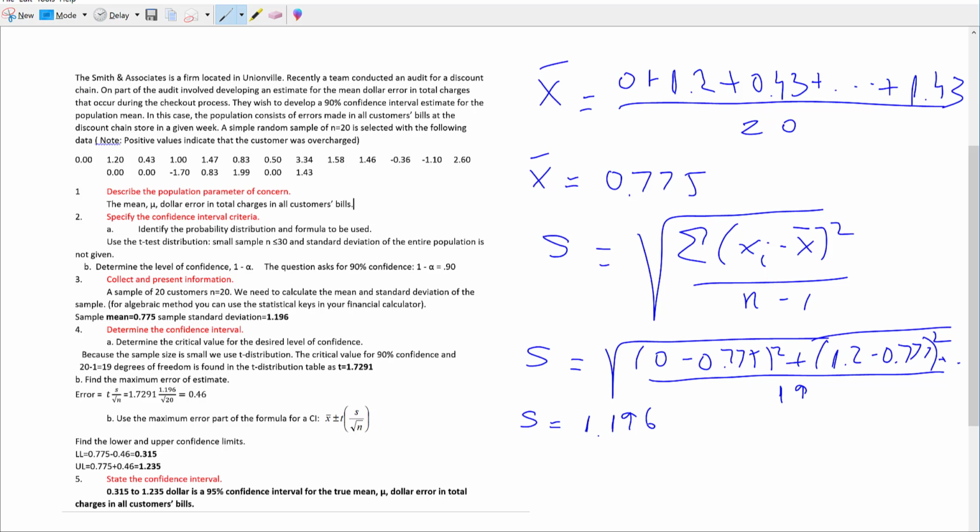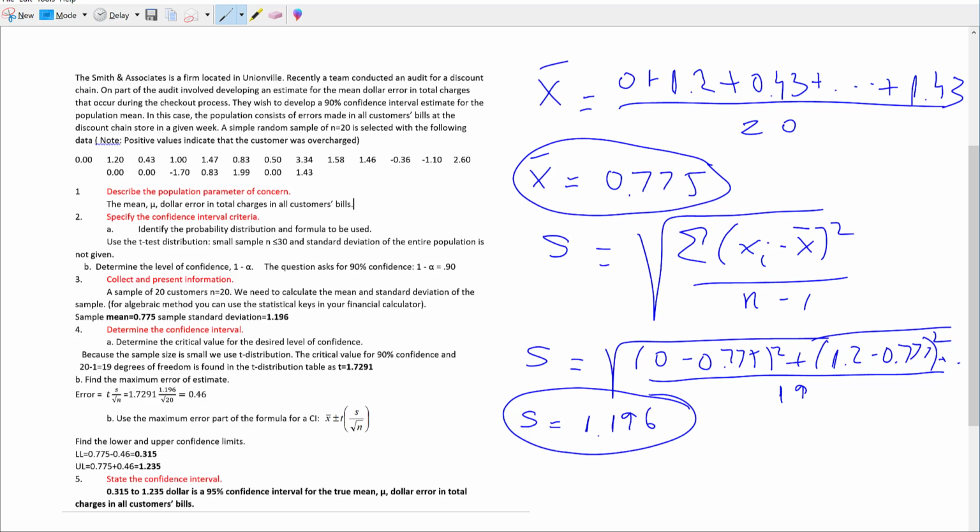So right now we have the entire information regarding our sample of 20 customers. We have a mean of .775 and a standard deviation of 1.196. Step 4 is to determine the confidence interval.